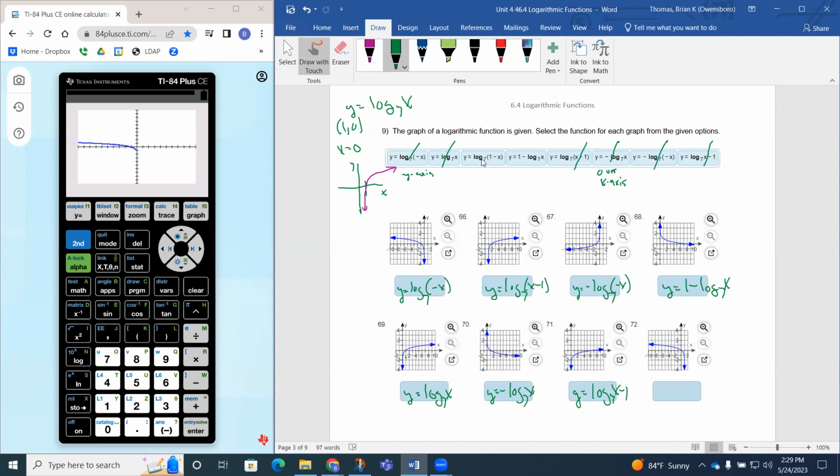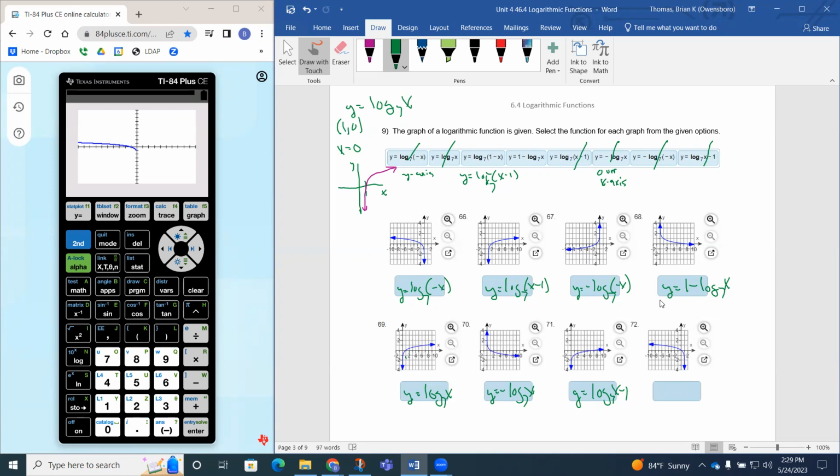So then we have the log of 1 minus x. So notice how there's this negative x inside here. But the catch is, what this really should look like is y equals the log of, I should put a negative on the outside, and this should be x minus 1 base 7. So notice how there's really a minus 1 inside here, so it really should move to the right one.